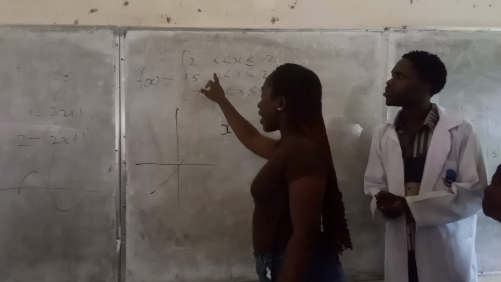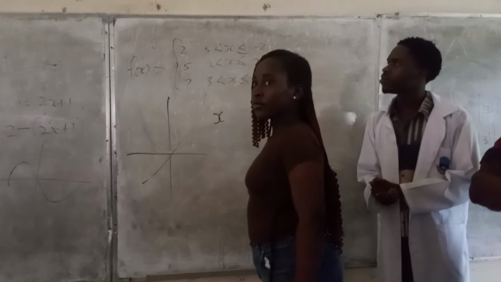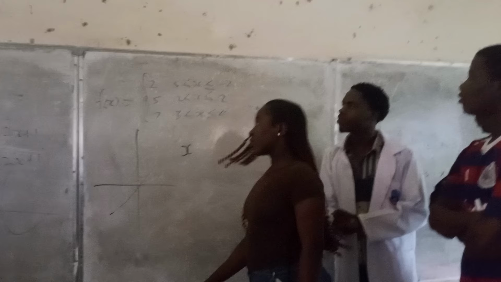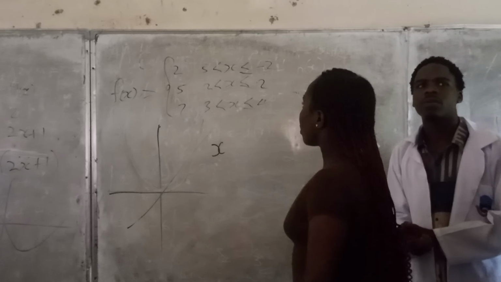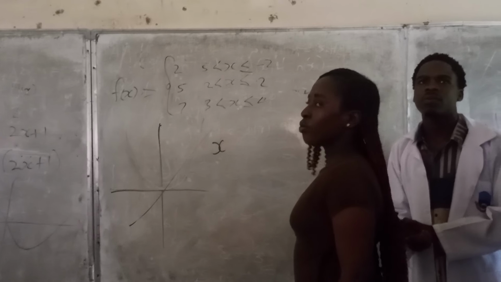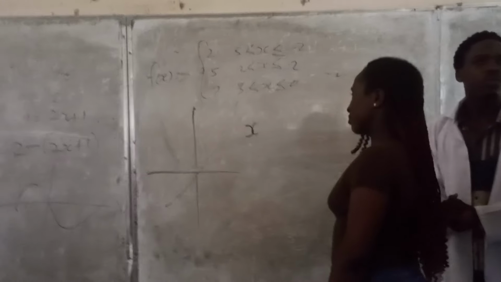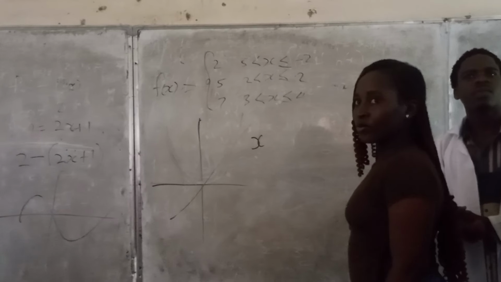Domain values. Yeah. 5. Is what? 5. Can you read what is there? What did you write there? The first term there. 5 is less than what? x less than or equal to -2. That kind of thing. Yes. What did you write there?